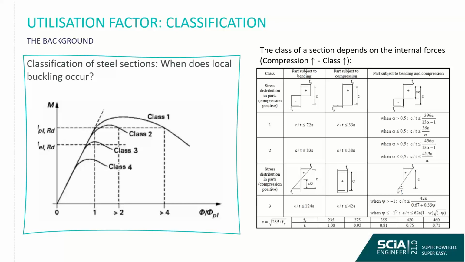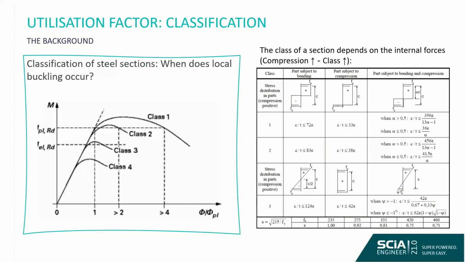For steel checks, we are classifying our sections based on when local buckling will be occurring inside a section. What is local buckling? It's when a flange or the web of your section will buckle by itself before the full capacity of the entire section is reached.